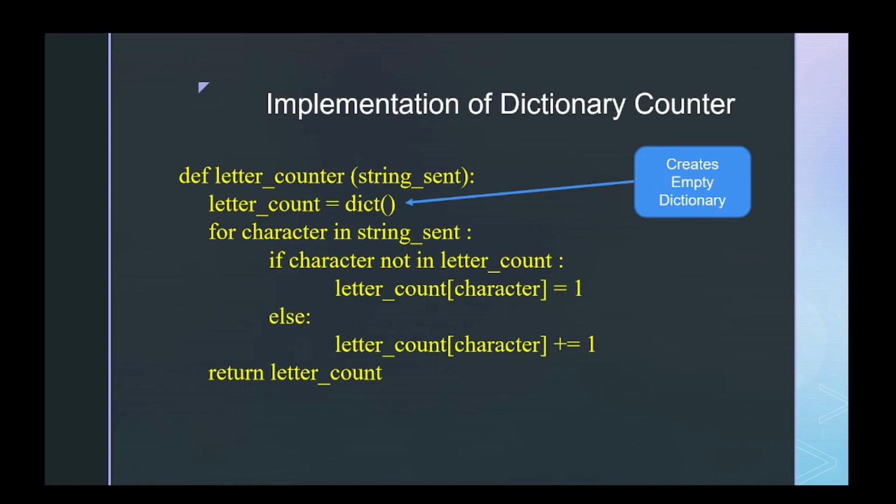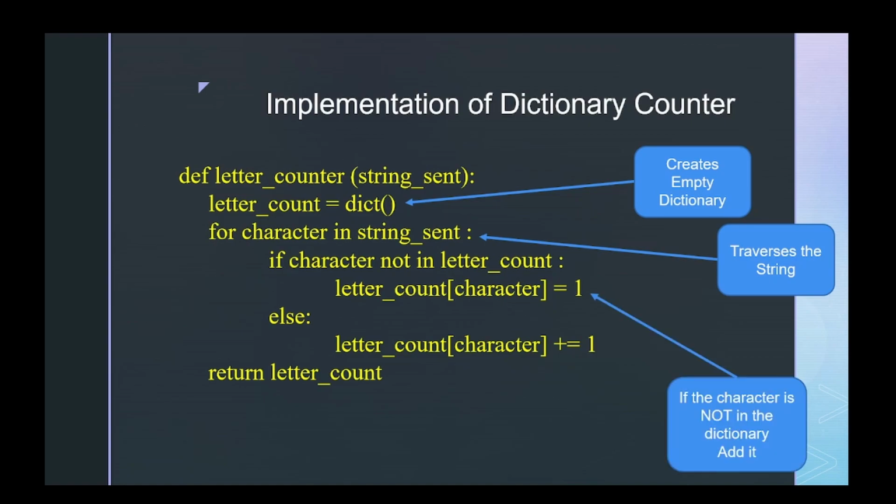The first line of code within the function, letter count equals dictionary, is going to create an empty dictionary. Then we're going to do a for loop to traverse the string. So for character in the string send. What that's going to do is set character equal to each character in that string, going from the very first character through the very last.